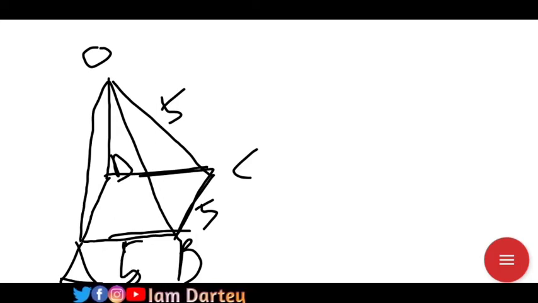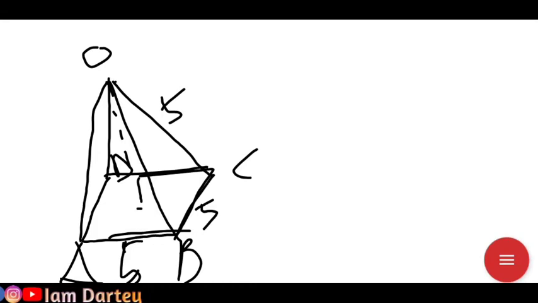Now, from the vertex to the middle of the square is the actual height of the pyramid. So I can also draw a different line. I can also draw lines touching the edges of the square down.